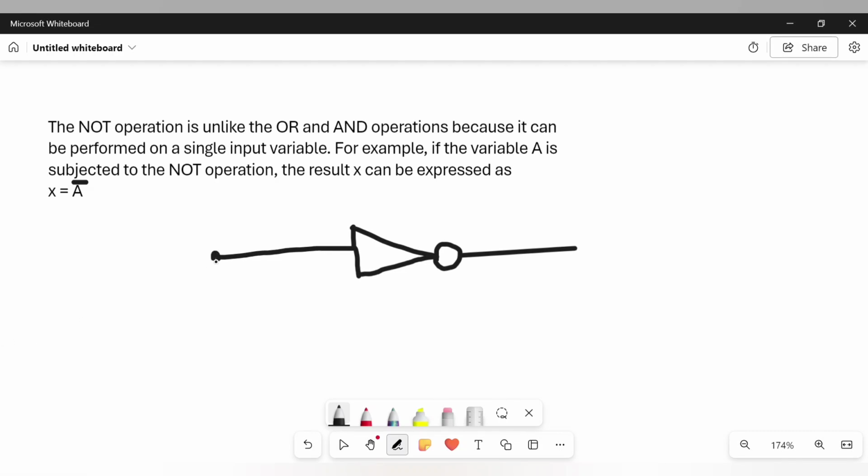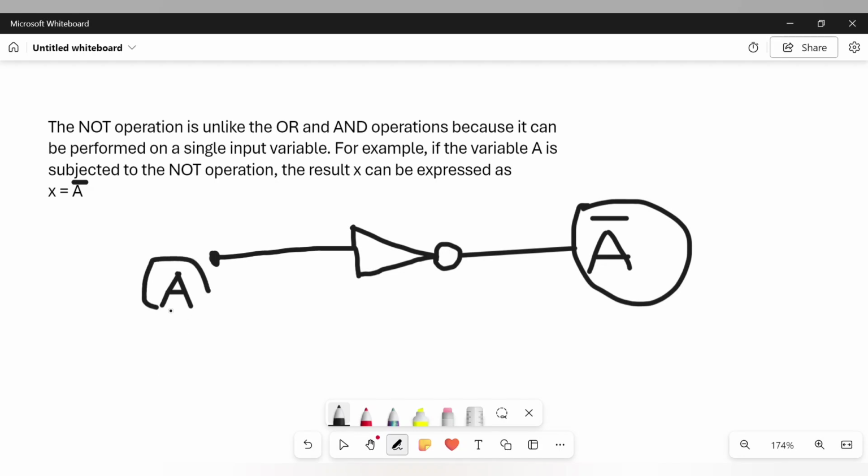Here is the NOT circuit, in which the input is A and the output will be A bar, which is always the opposite value of the input.